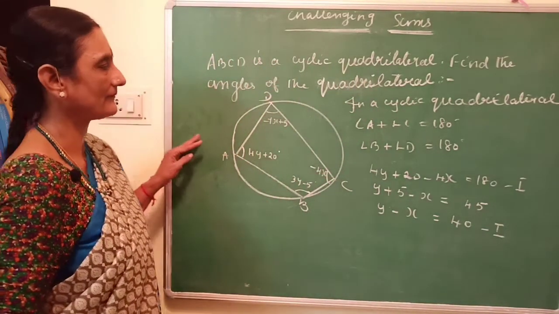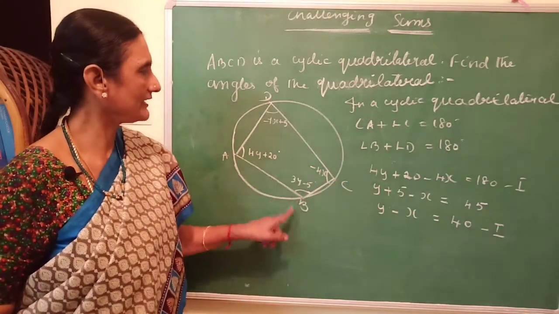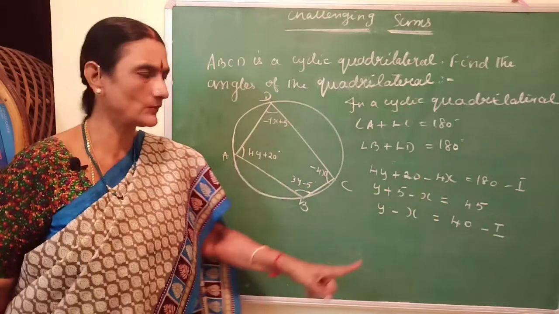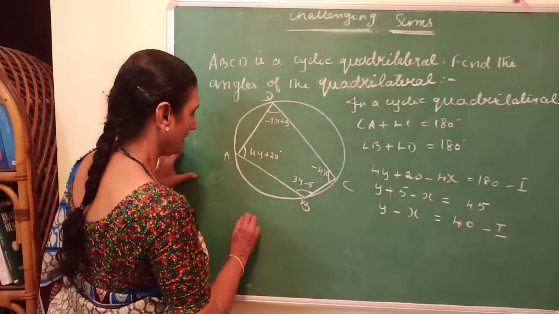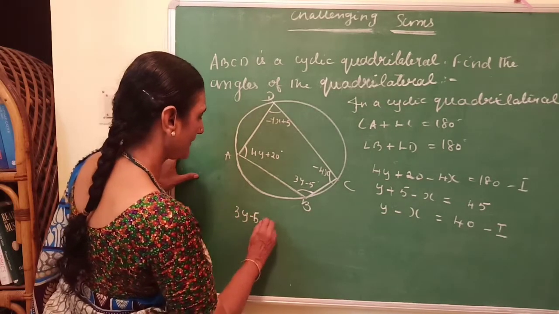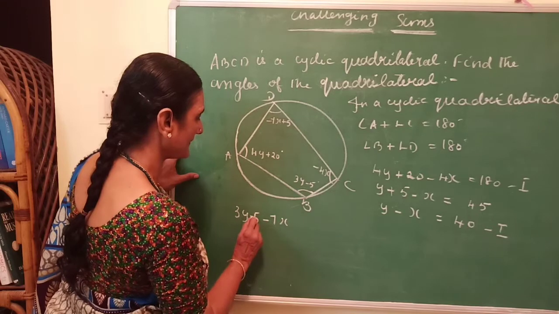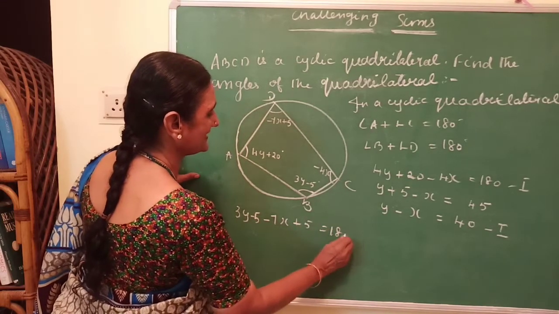Are you understanding? Now we'll go to the next equation. How do we get it? Angle B plus angle D is also equal to 180. Therefore, I can write here and then rewrite there. So 3y minus 5 minus 7x plus 5 is equal to 180.